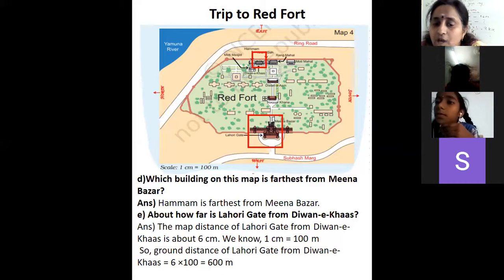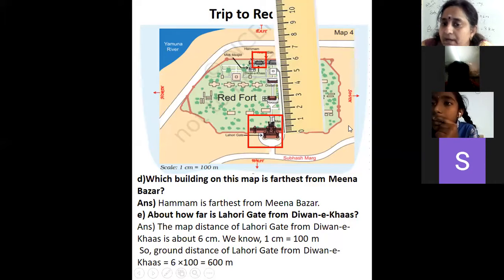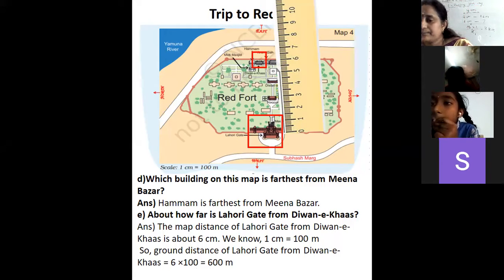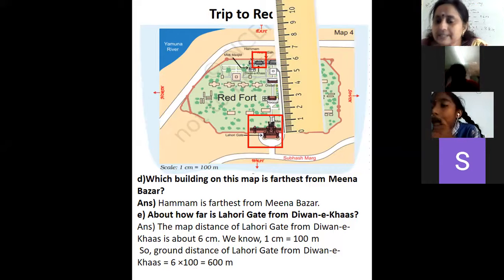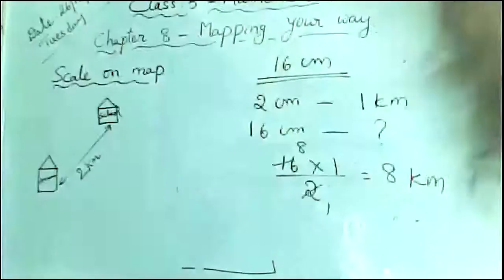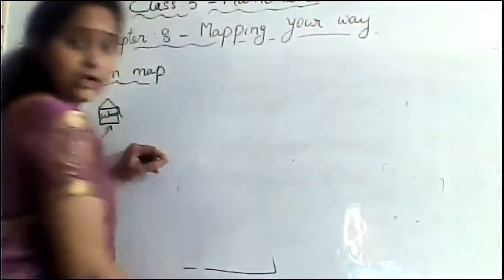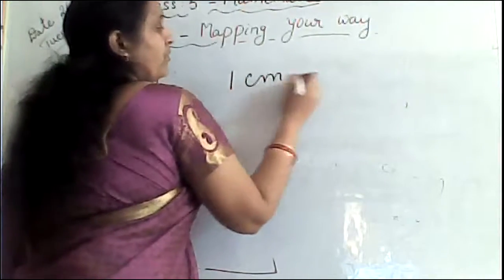Now, about how far is Lahore Gate from Diwani Khas? See, Lahore Gate is here. Diwani Khas is here. Observe, using the scale. Whenever it is given in centimeters, we can measure with the scale. It is 6 centimeters. And we know that on the map it is given 1 centimeter equals 100 meters.